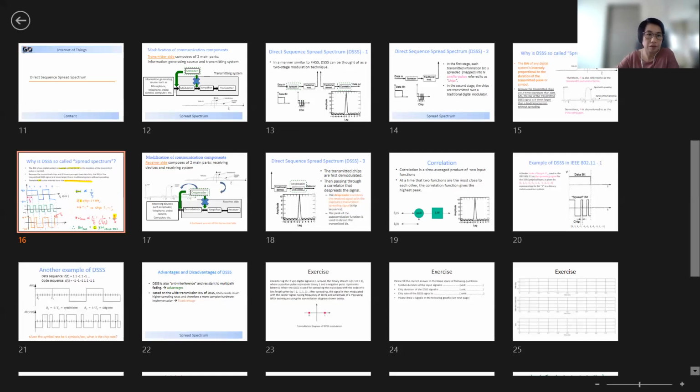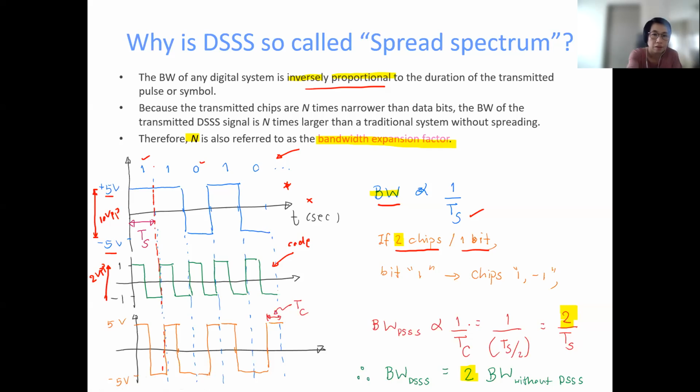Then this is bit 1 also, so bit 1 multiplied with the code will be 5 and minus 5. If it is bit 0, represented by minus 5 volt, times the code, minus 5 times 1 and minus 1 will be minus 5 and plus 5, right? And so on. And then here is the signal that you have to send to the modulator block.